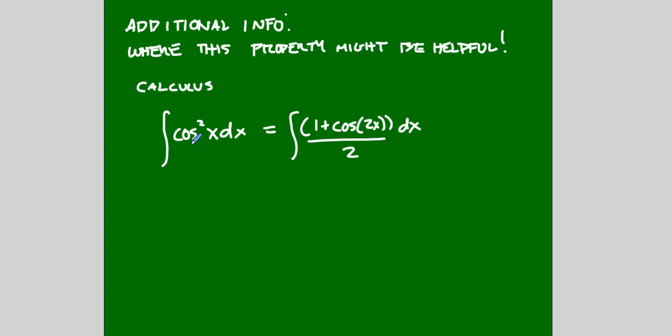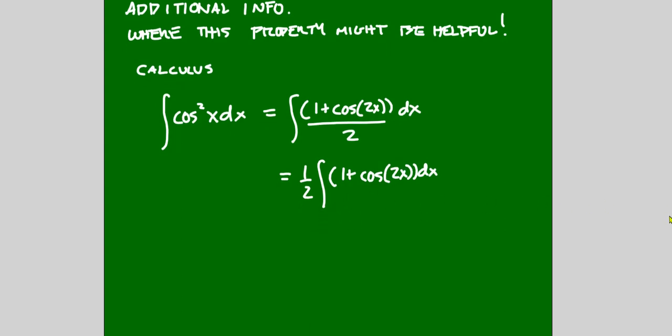So if I have cosine squared x dx, I will integrate this, so I would have the integral of 1 plus cosine 2x dx. Let's actually progress this. So I could factor out a 1/2 here, and then I have 1 plus cosine 2x dx.